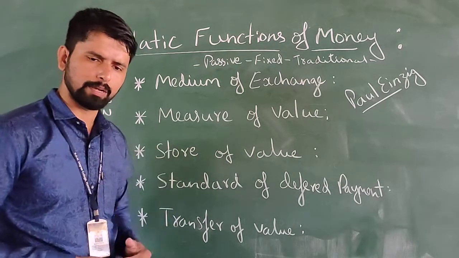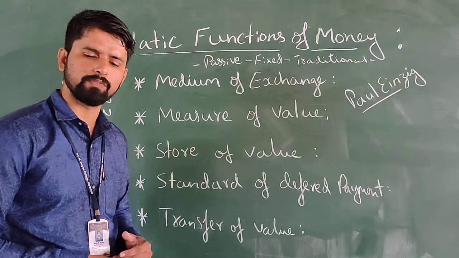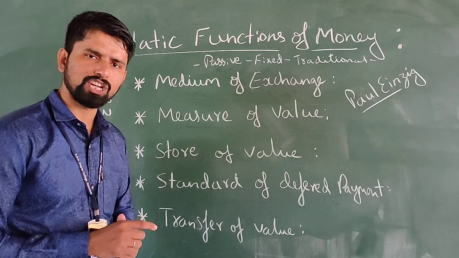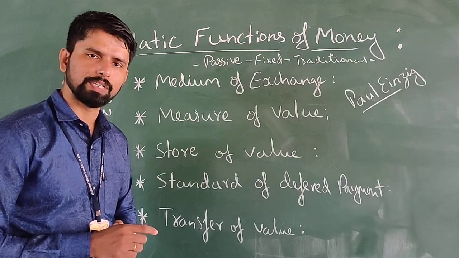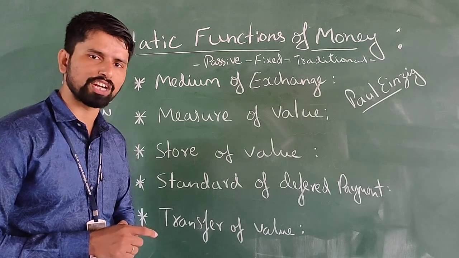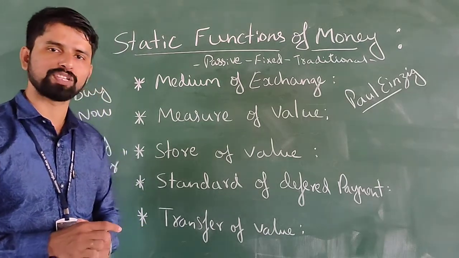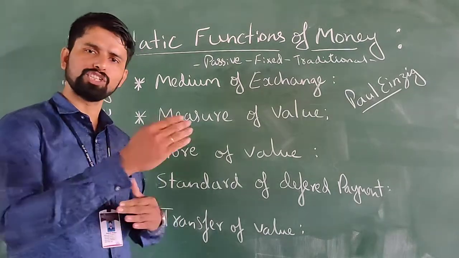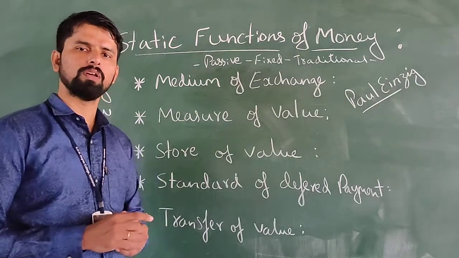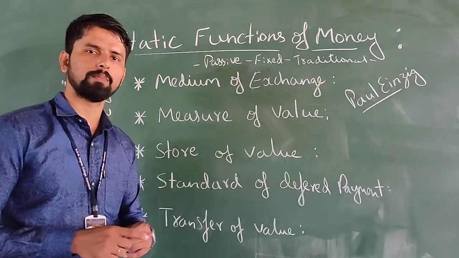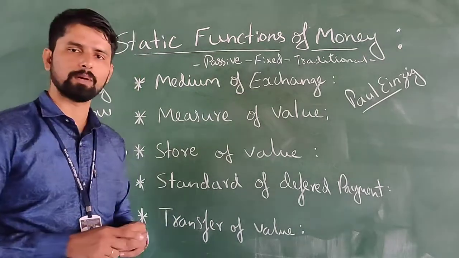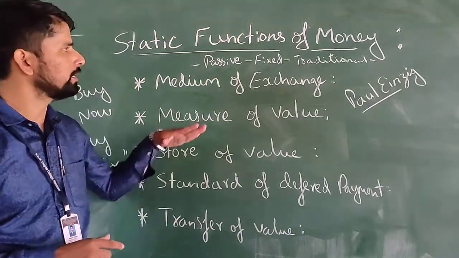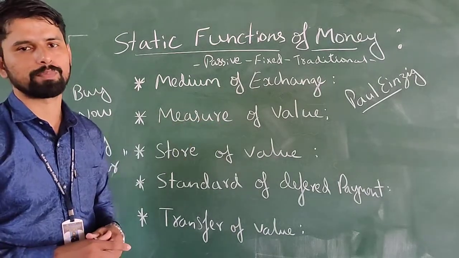Before transferring, we can convert the cash, the money standards, into other liquid forms like shares, securities, bills of exchange, bonds. In such liquid forms, we can transfer money from one to another. Okay, so that is the transfer of money performed by the money standards.